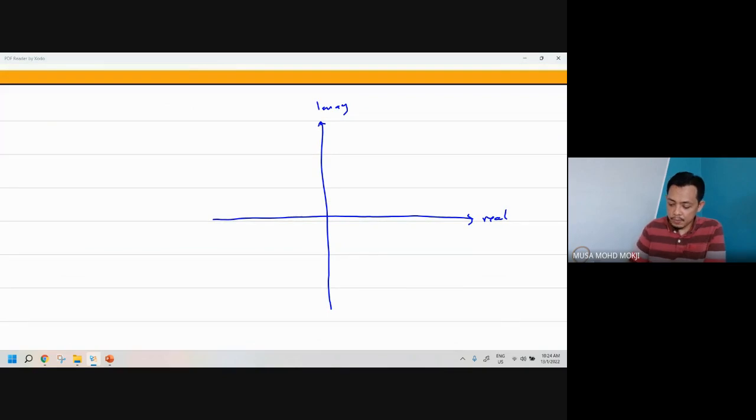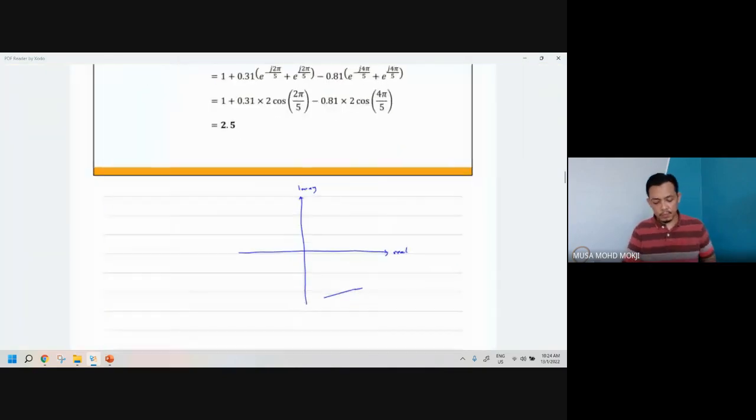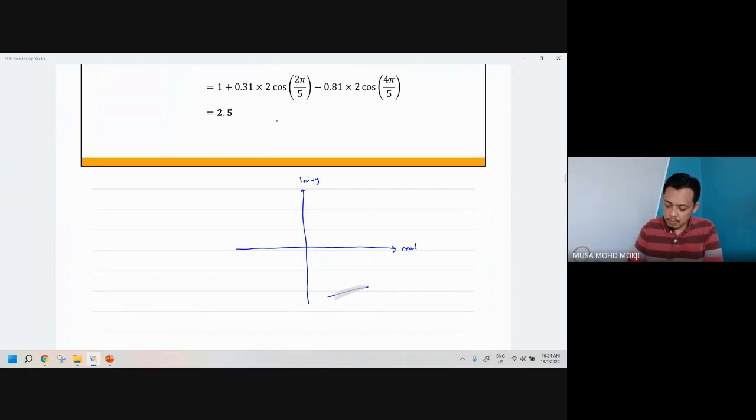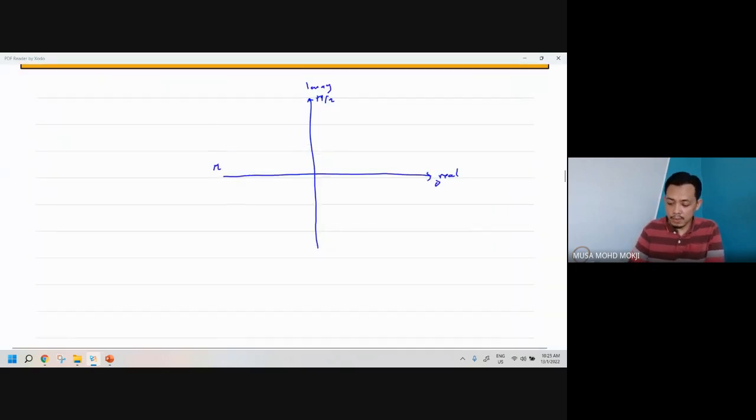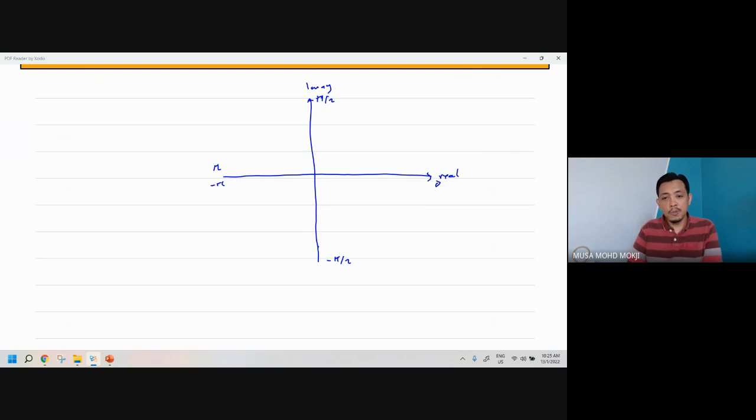So 2 pi over 5 means, because this is 0, this is pi over 2, this is pi, or if we go the other direction, this is minus pi over 2, this is minus pi. And minus 2 pi over 5, so we need to divide this half of the plot into 5.